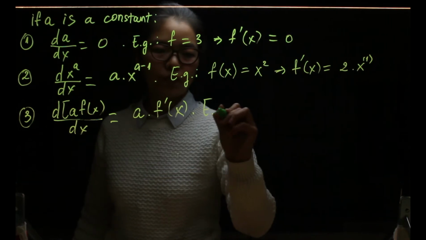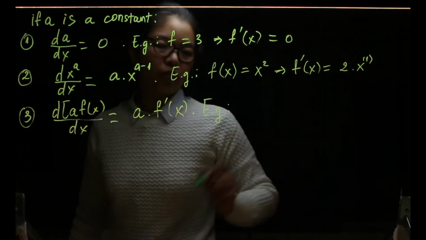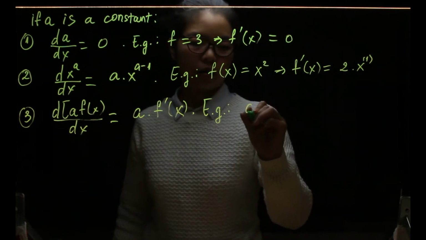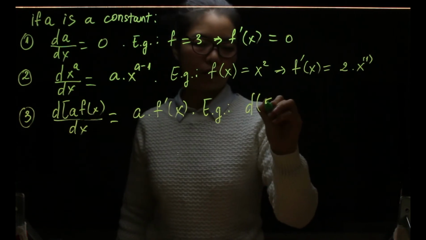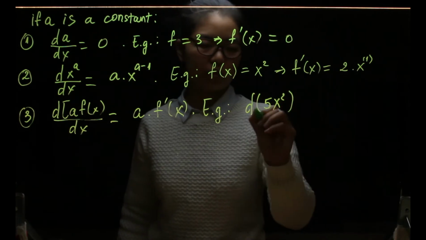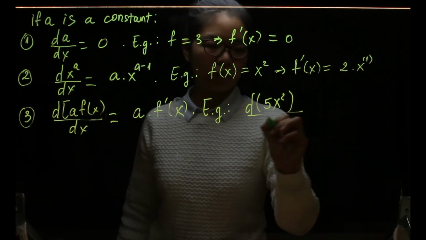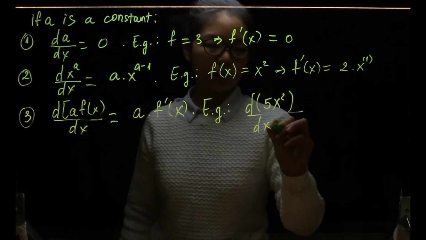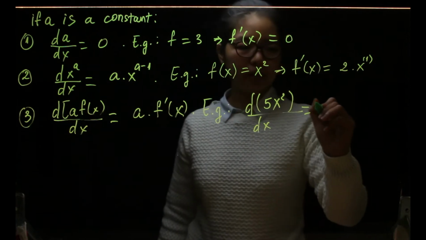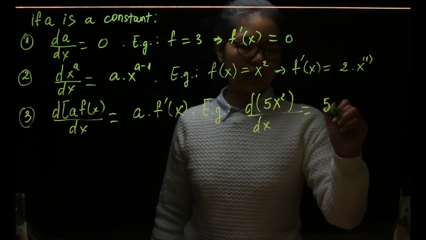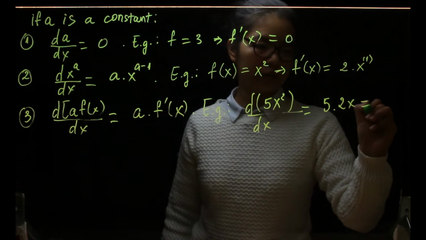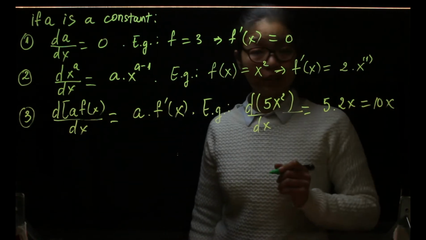Example, again, if we have 5 times x squared, which is the f(x) we have above, d over dx, with respect to x, sorry, will be equal to 5 times 2x equals 10x.